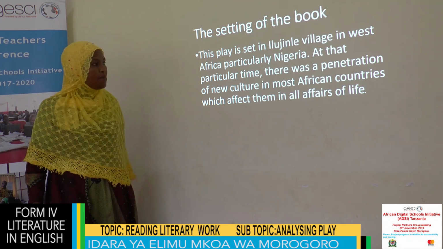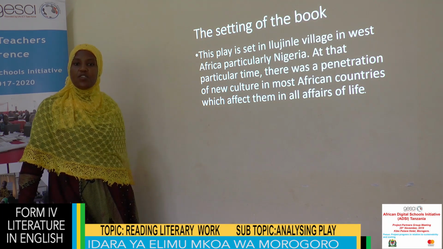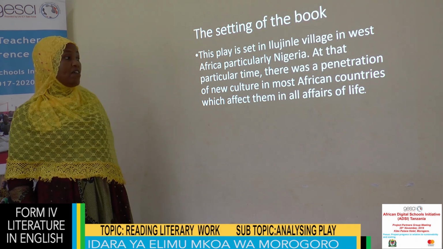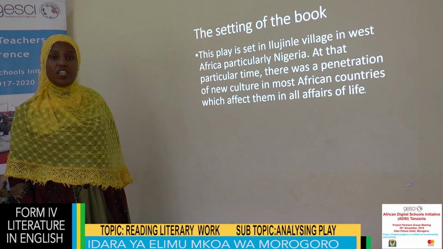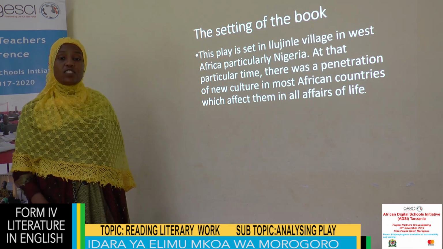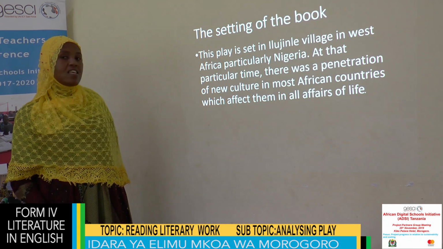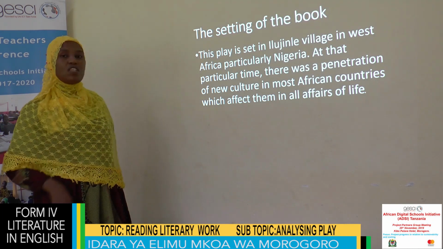Now coming to time, it's during the time when there was a penetration of a new culture. That means some people in the society have undergone Western education. Now, those who got that chance of undergoing Western education come back with changes and they want to adapt those changes to the society.